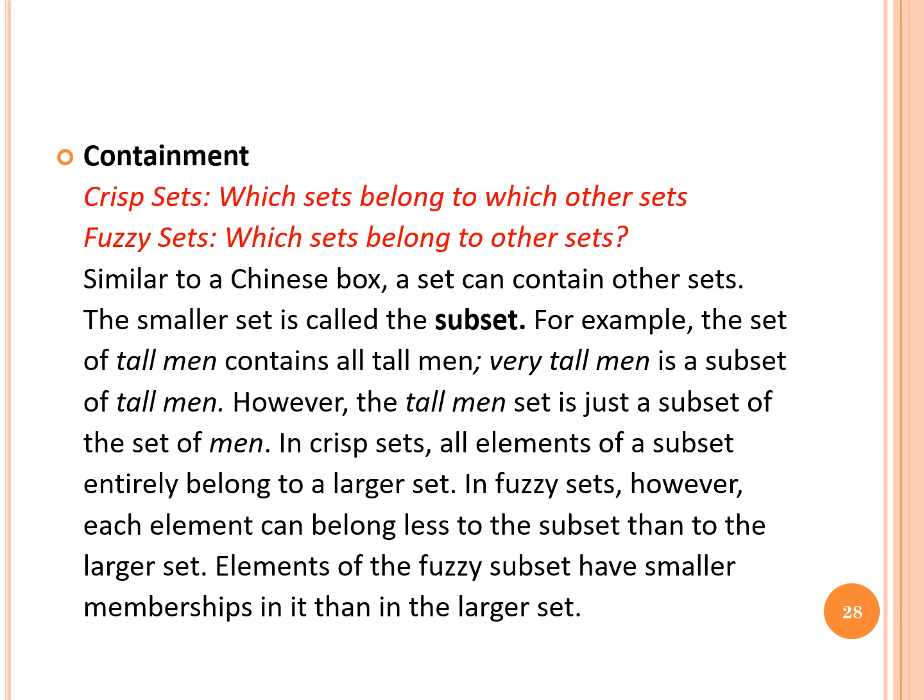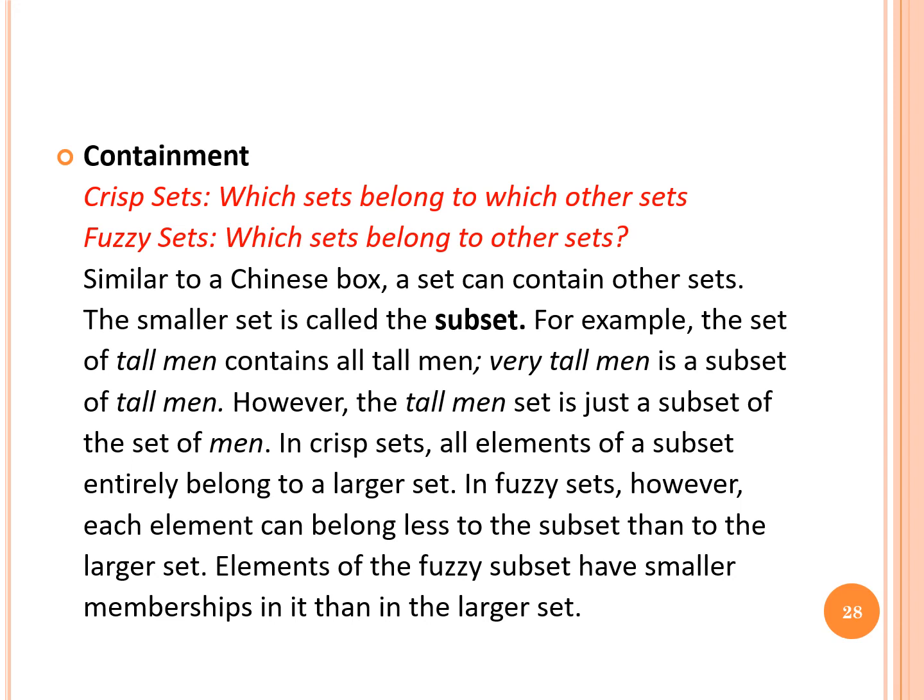Containment. The definition, okay, how we put it in crisp set: which set belongs to which other sets. While in fuzzy, we can define it as which set belongs to other sets.